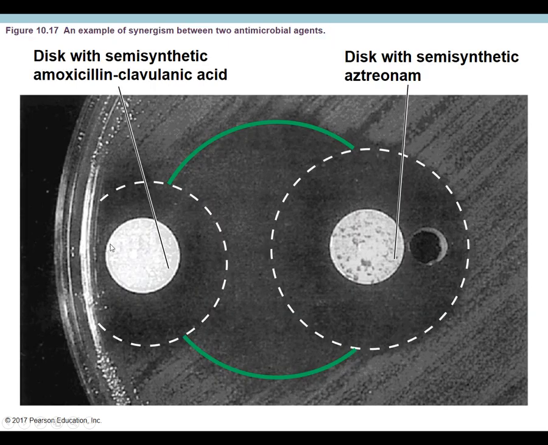So, for example, you have this disc with amoxicillin, this disc with a semi-synthetic drug, and one thing they notice, not only on the agar plate but also in the patient, is that some drugs, when you use them in combination, you see this area where the two are mixing together, shown in green with this green line, that zone of inhibition is even larger than either one individually. And so you get a combined effect. Synergistically means they work together and give you even a better effect, which I think makes sense.